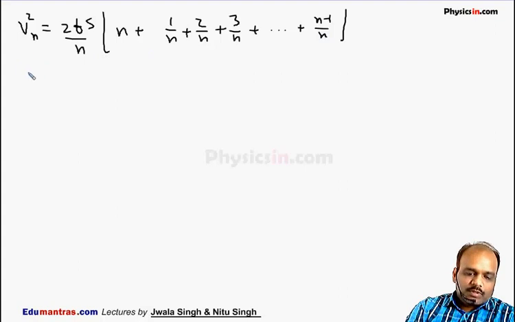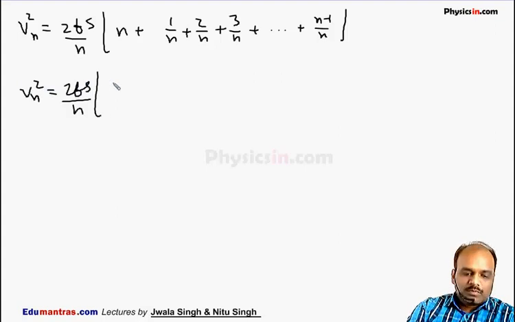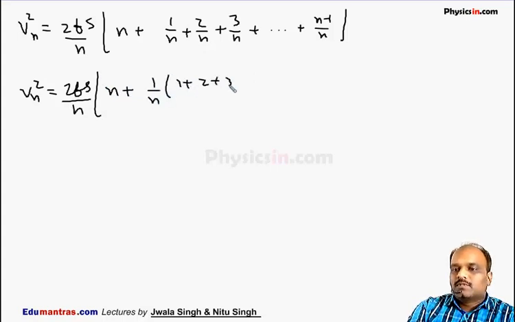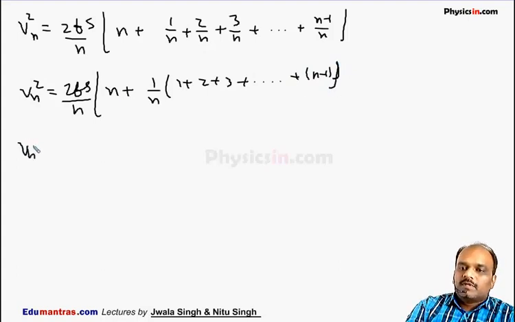So this is vn square, which is 2fs by n into n plus 1 by n, where it is 1 plus 2 plus 3 up to n minus 1.